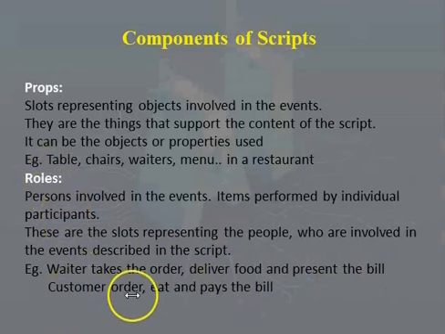The customer is also a person in that script. The customer's activities will be ordering, eating, and paying the bill. There are 3 activities to be performed by the customer. We can add small activities in between also, like washing hands. Likewise, we can have intermediate activities or events.